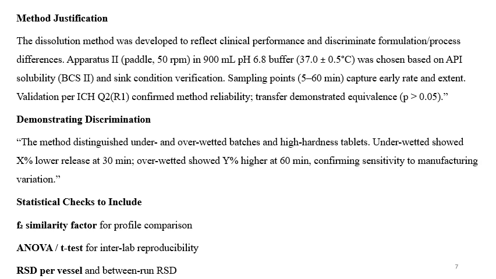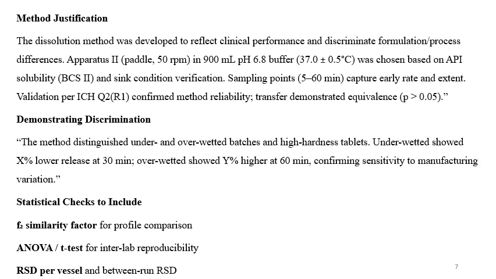Method distinguished under and overweighted batches and high hardness tablets. For example, if your hardness range is 10 to 20 kp, you compress the tablet at 25 kp or 30 kp or beyond your hardness range, I can say, and then show that the dissolution is getting affected because of the hardness.